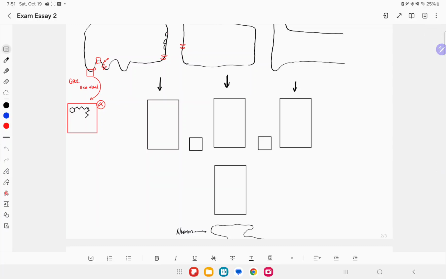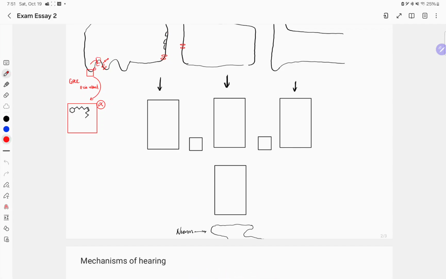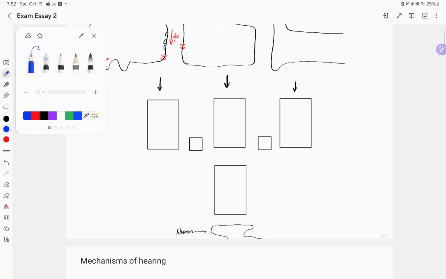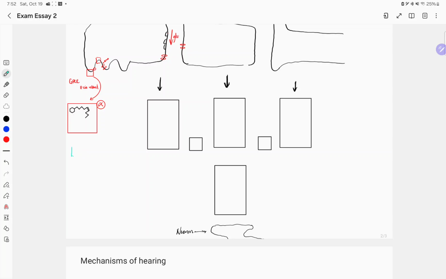So as we do this, let's keep in mind that when light hits the photoreceptor, ultimately we have less glutamate being released. So light, I'm going to draw this in teal.